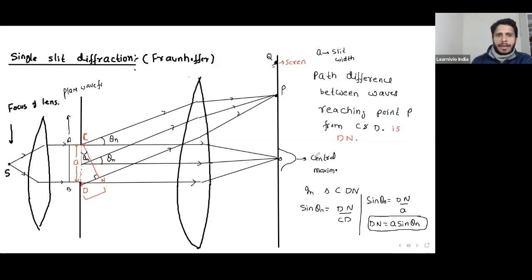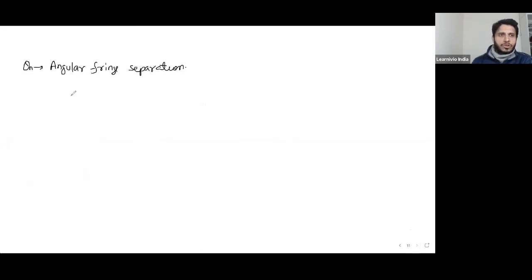You can even calculate the linear separation, the separation of the nth fringe from the central bright fringe. You can also calculate this yn. Yn is the separation of the nth fringe from the central maxima.